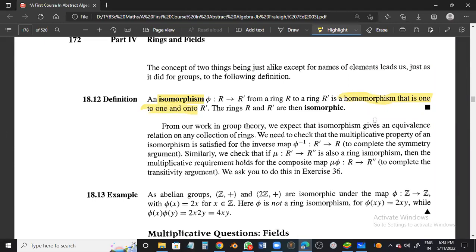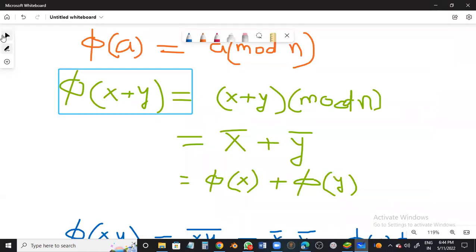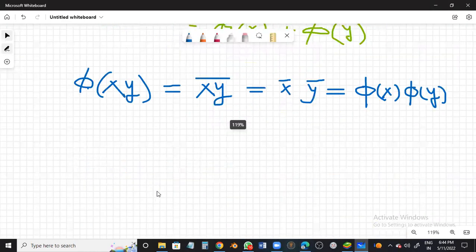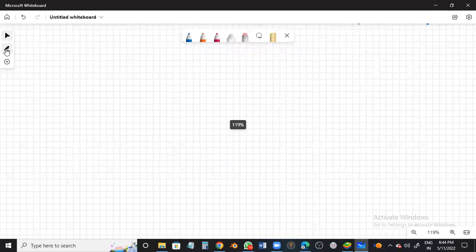Now, one of the best examples is Z and 2Z. This example we have already discussed, but let us revise it. What I mean by 2Z is every integer doubled, meaning the set of even integers.